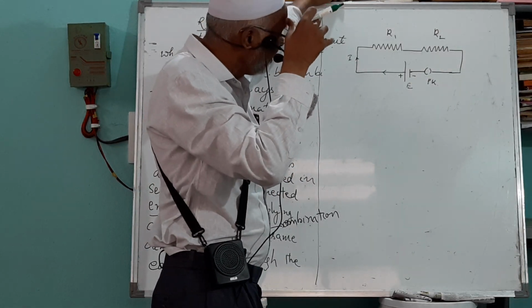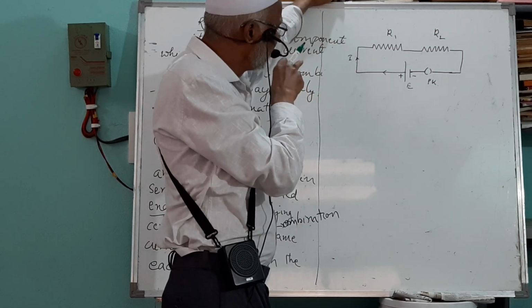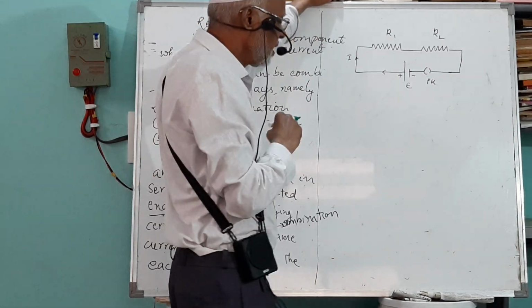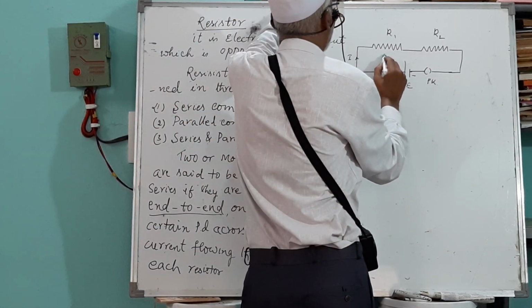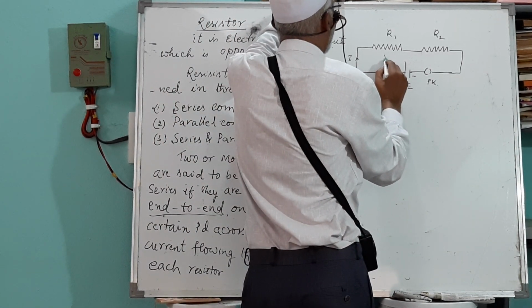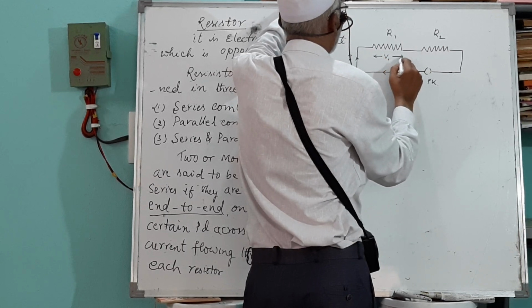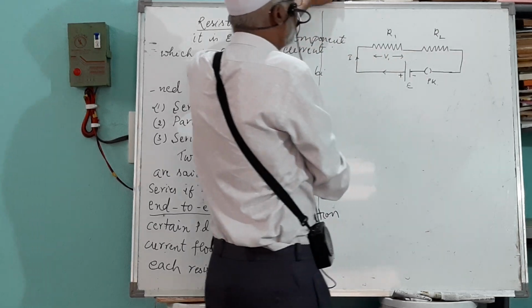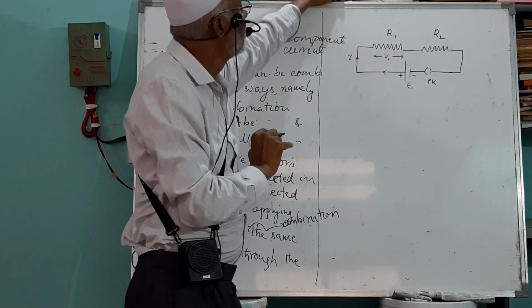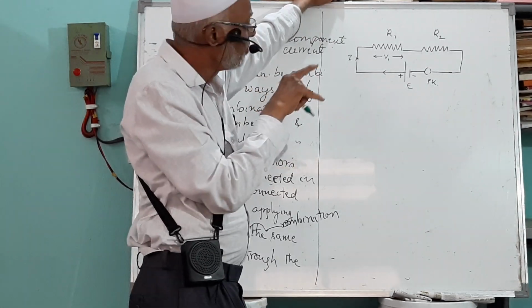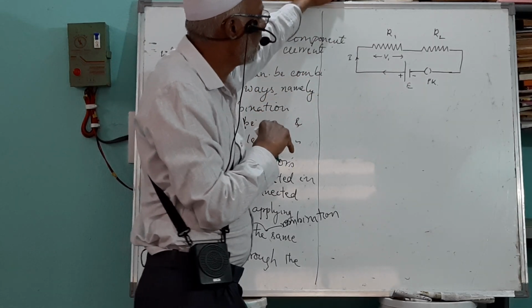Now let us see, as soon as the current enters the resistor R1, a potential difference develops across R1, which is V1. This is the PD across R1. The interesting feature of the series combination of resistors is that whatever amount of current flows through R1, the same amount of current flows through R2.